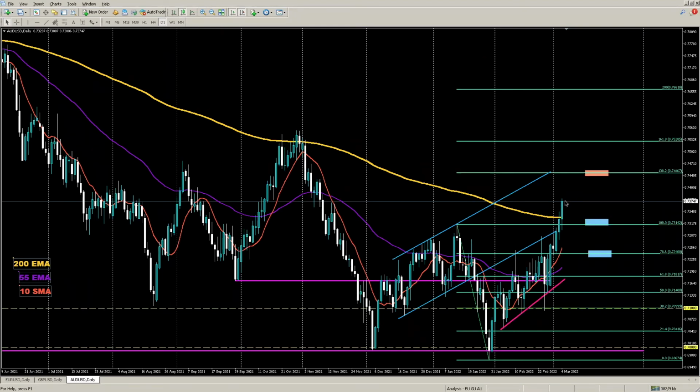Okay, so if there's a pullback, it should find support along with this lower channel trend line. It bounced off the lower channel trend line and this fib, so forming this support zone here, and attempting to test the 138 fib extension at 0.7450 area, almost the 50 area.